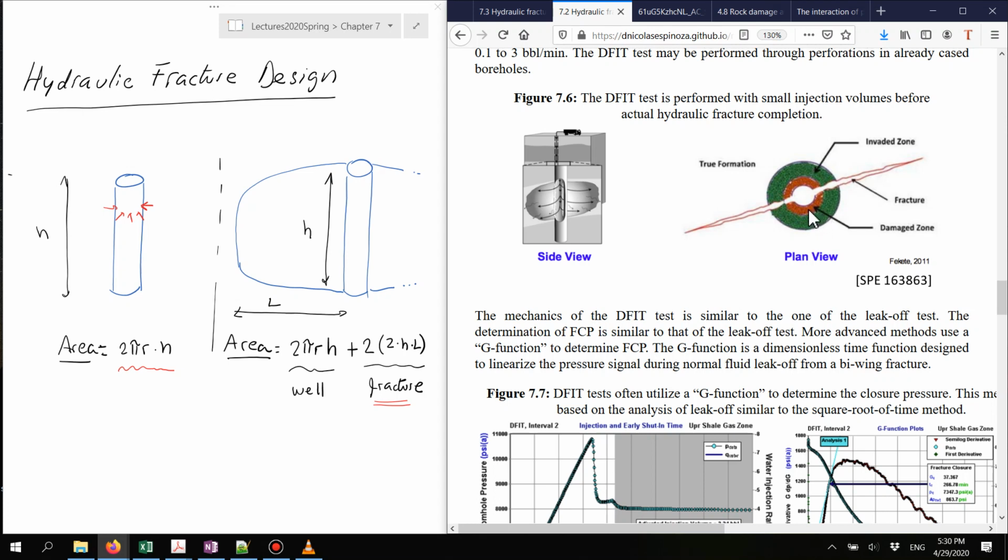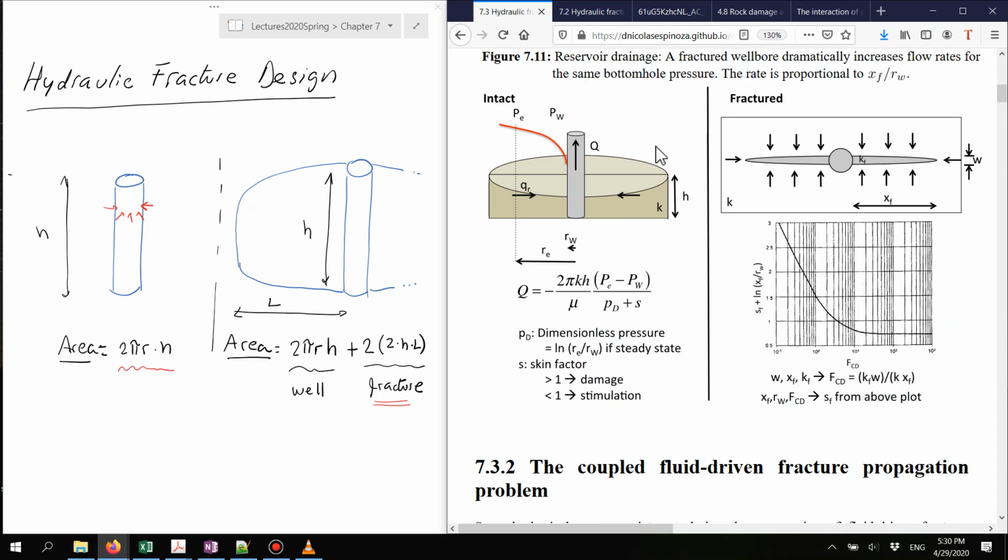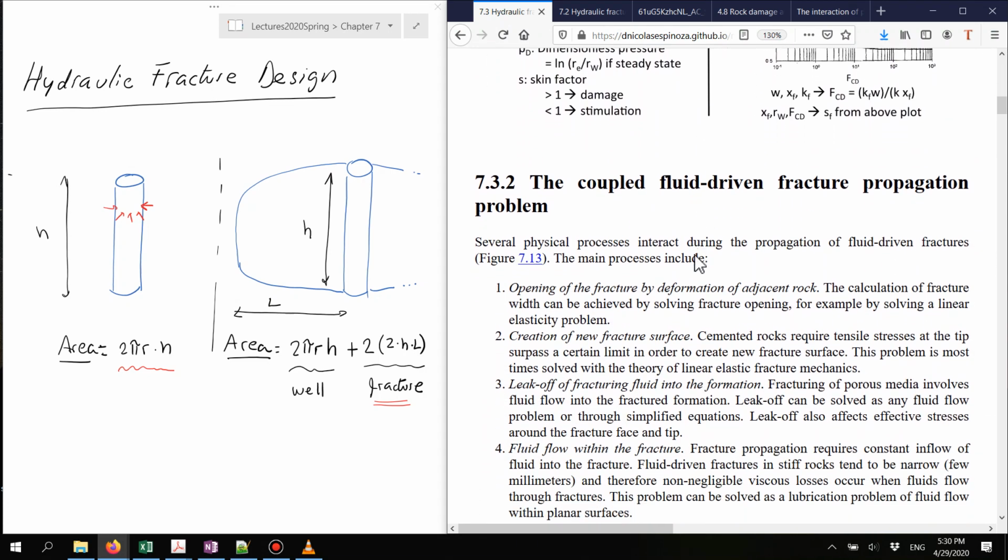In order to avoid that, you can make a fracture so that you get away from that region and into the area of the reservoir that hasn't been damaged by the infiltration of drilling mud.